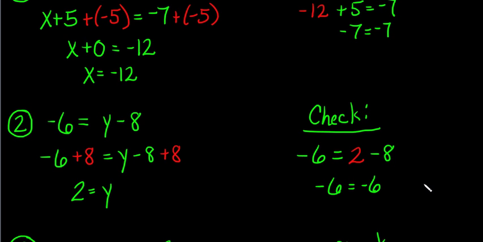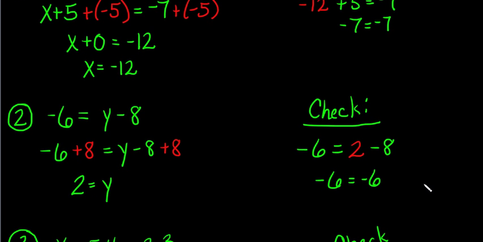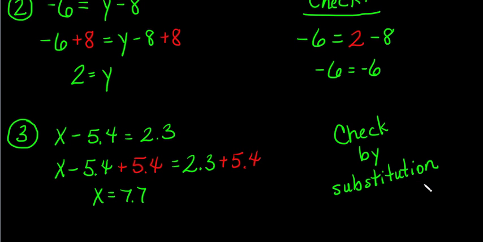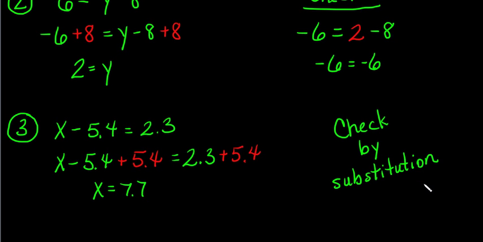So whatever you do to one side of the equation, you need to do to the other. You check it by substituting what you found for x back into your equation. This one looks a little different, but it's the same, just because it has a decimal. So x minus 5.4 equals 2.3.